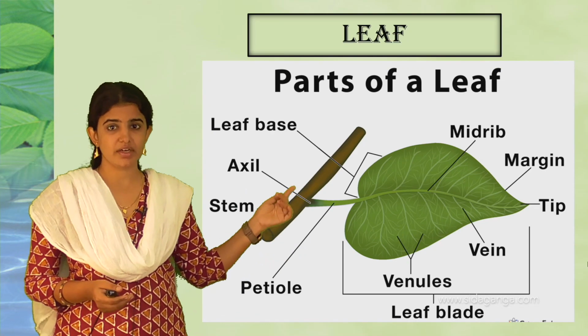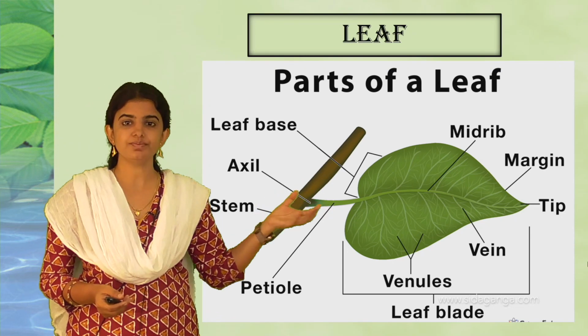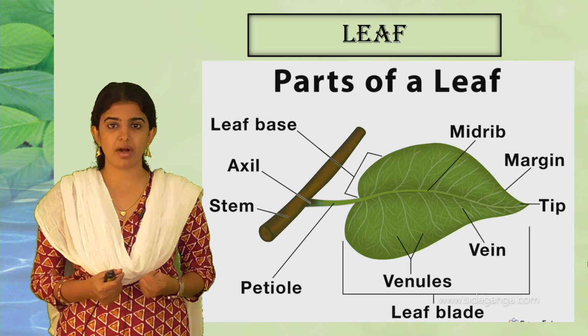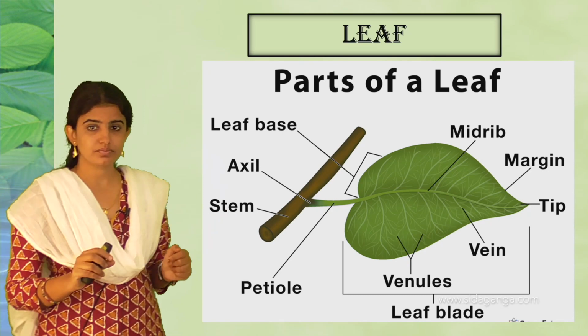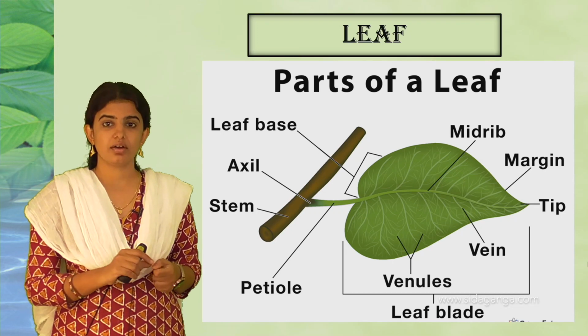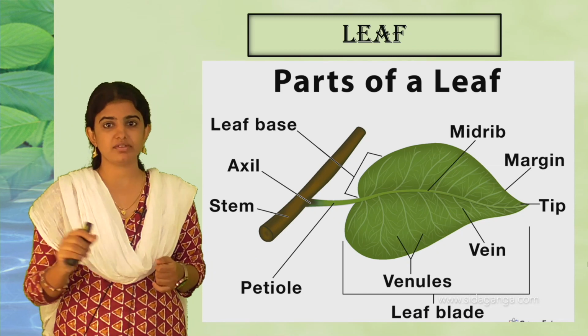The apex is present at the ending portion, or the tip portion. The lamina is the broader green-colored part of a leaf. The midrib is the thick middle vein, arising from the base of the leaf and ending at the apex of the leaf.